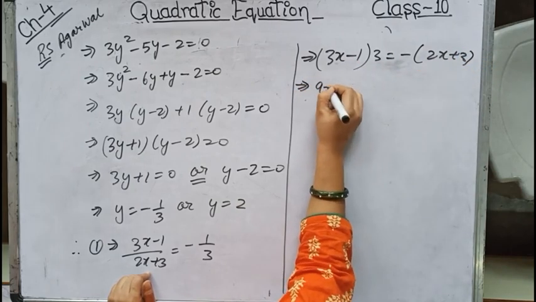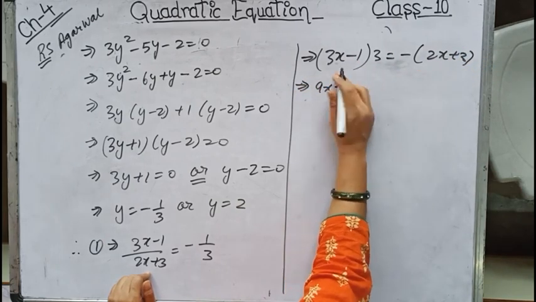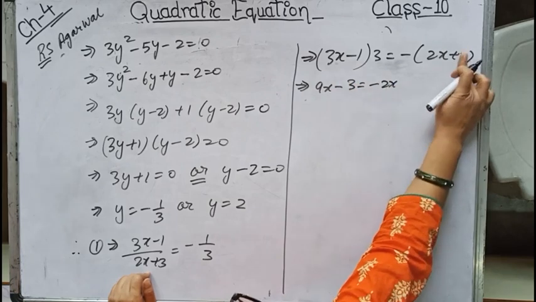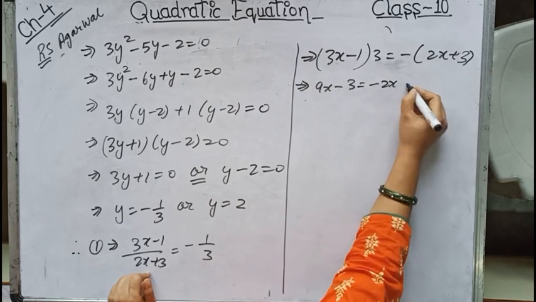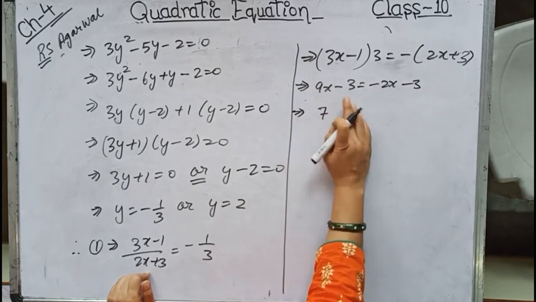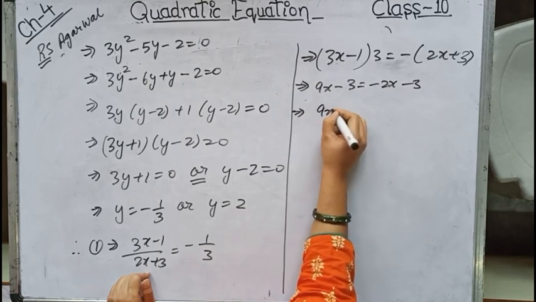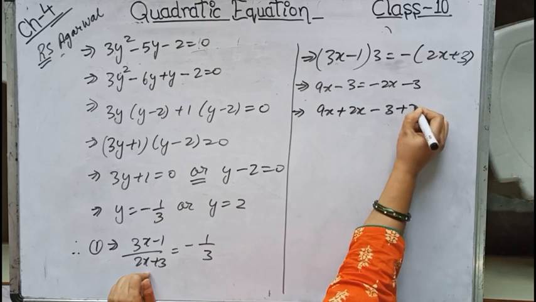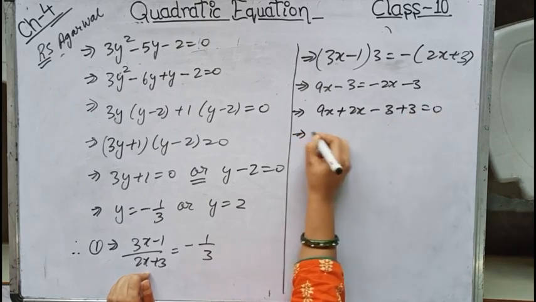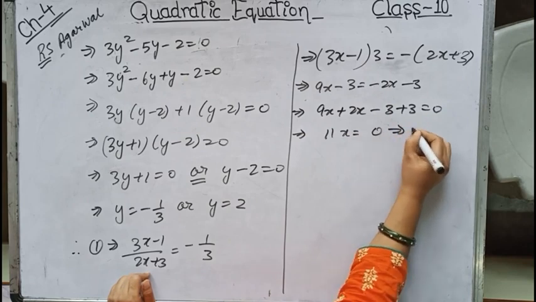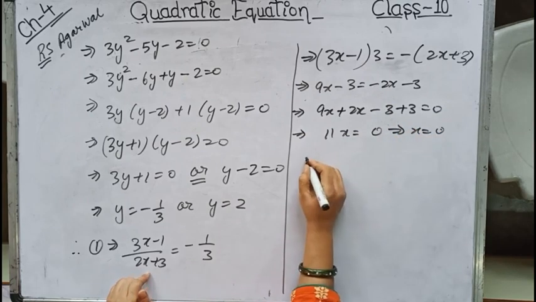This implies 9x minus 3 equals minus 2x minus 3. This implies 9x plus 2x minus 3 plus 3 equals 0. This implies 11x equals 0, which implies x equals 0.